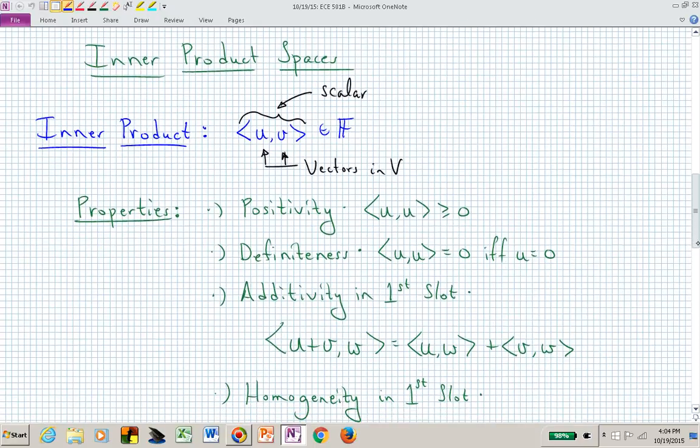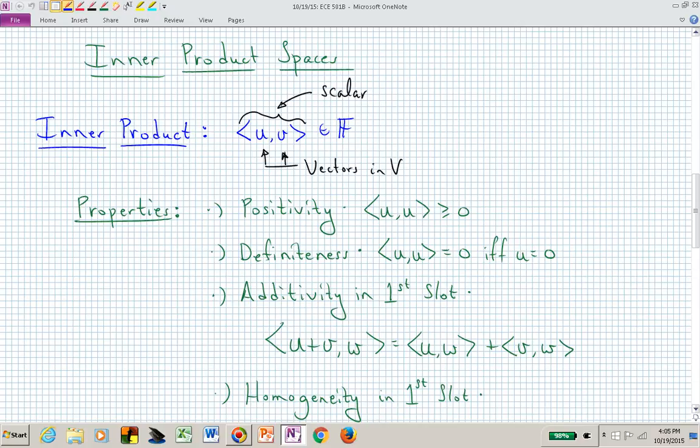As a summary of where we've come from, and actually sort of as a hint to where we're going, let me just summarize what we have done. We've created or defined an inner product, which is a way of taking two vectors from our vector space and creating a scalar. And that inner product needed to have certain properties.